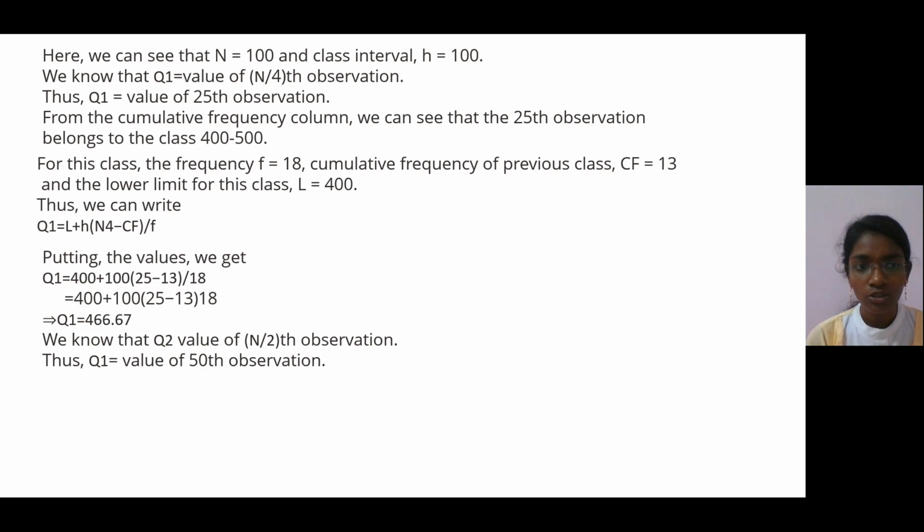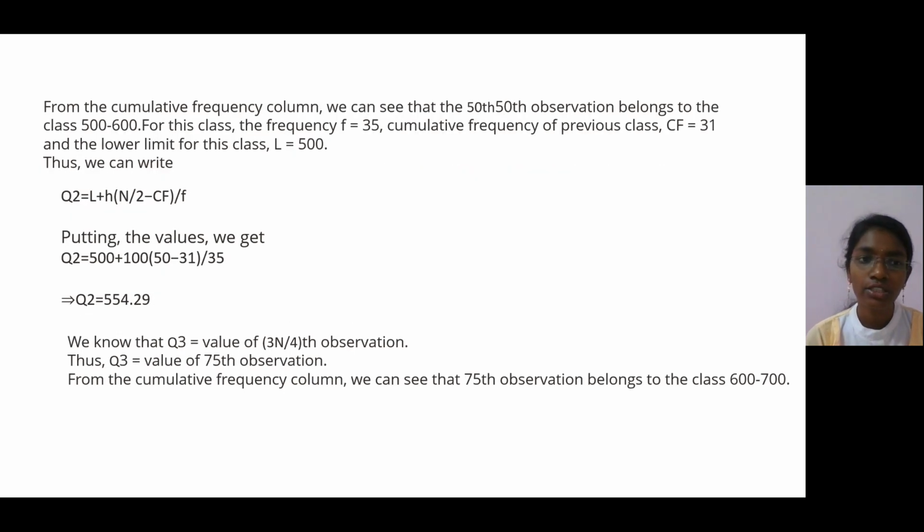Next we have to find Q2. For Q2, we need the n by 2th observation, thus the value of the 50th observation. From the cumulative frequency column, we can see the 50th observation belongs to the class 500 to 600. For this class, the frequency f is 35, the previous class cumulative frequency is 31, and the lower limit L is 500.